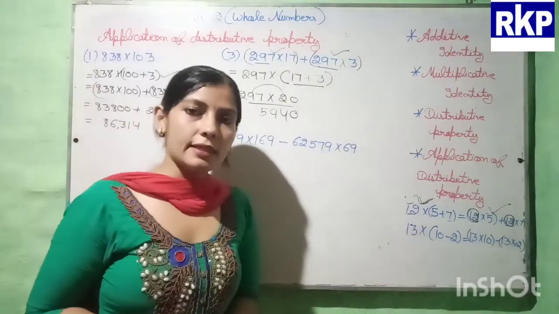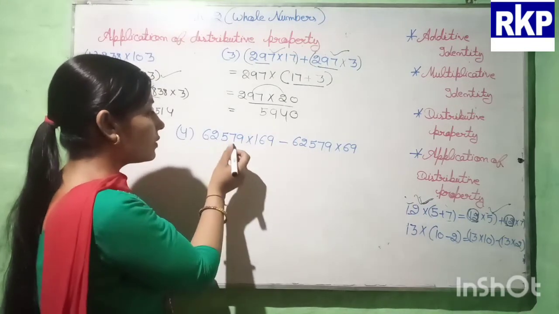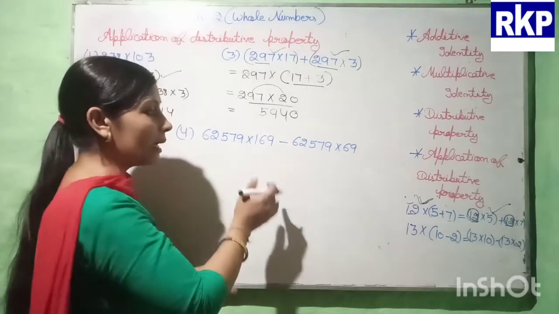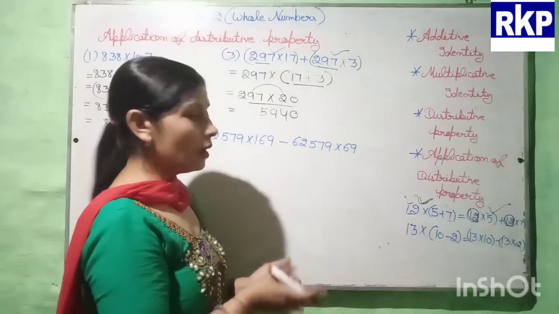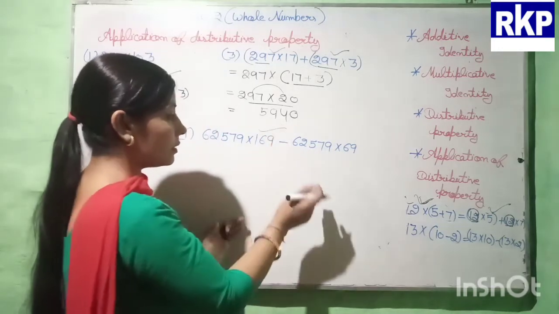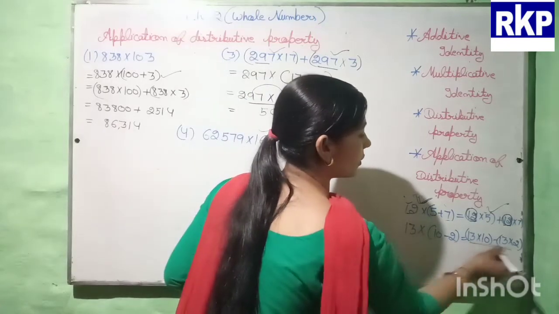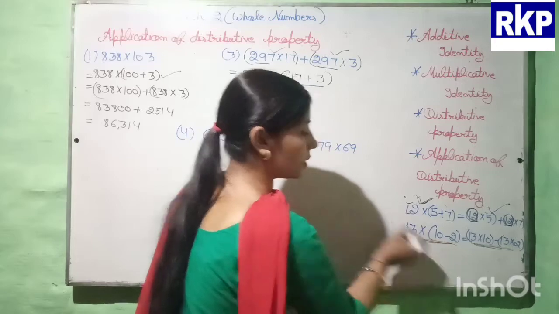Now students, let us take one more example. Here we have to solve 62,579 multiply with 169 minus 62,579 multiply with 69. So here, beta, you can see these numbers are written according to this form. So now we need to take the help of this.